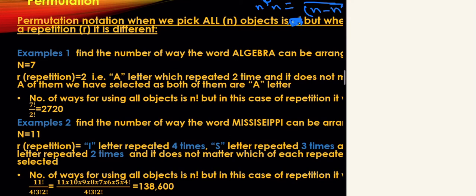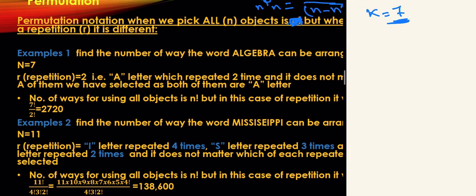But here, to complete one thing on the permutation, we have only talked about two cases. In case we have n, for example, equal to 7, and we are using all of them, we are not picking k. So the k here is all of them. We are using all the 7 objects which we have.